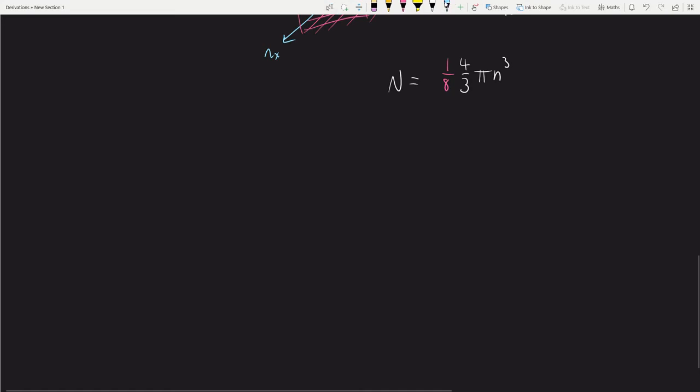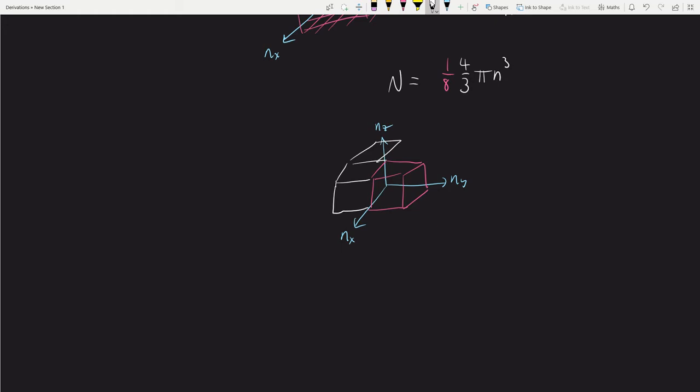The 1/8 factor comes from the fact that if you have a space with nx, ny, and nz, and we're only assuming the positive front octant, there are going to be these other spaces which we can't use because they're not valid. n has to be a positive integer, right? So there's one there, there's one back here, there's one there, and there are also going to be 4 more cubes on the bottom, if that makes sense. So overall, we only get this 1/8 factor.